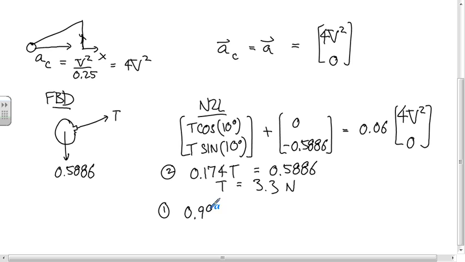So 0.985 T is equal to, we know T, is equal to 0.24 v squared. Can someone just give me that value of v?